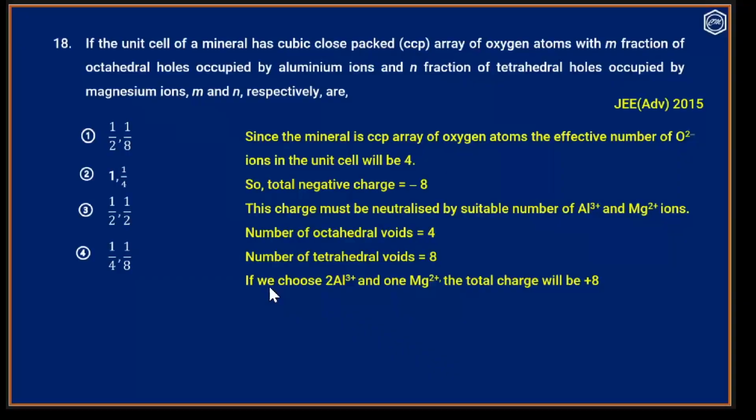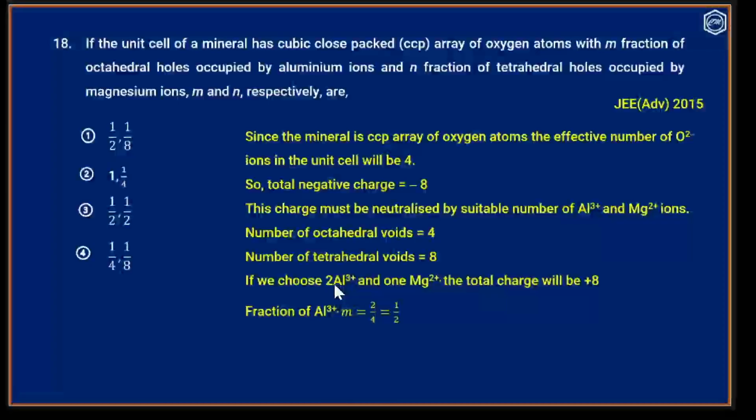Now, if we choose 2 aluminum 3 plus and 1 magnesium 2 plus, the total charge will be 8, that is 3 plus 3, 6, plus 2, 8. So the fraction of aluminum 3 plus, that is m, is equal to 2 by 4, or 1 by 2.